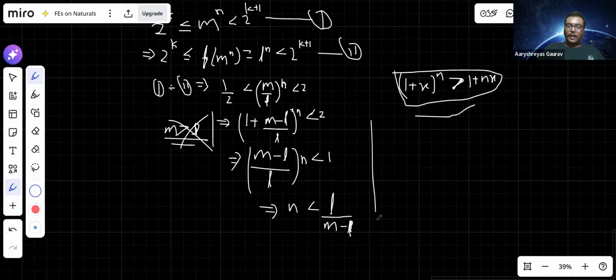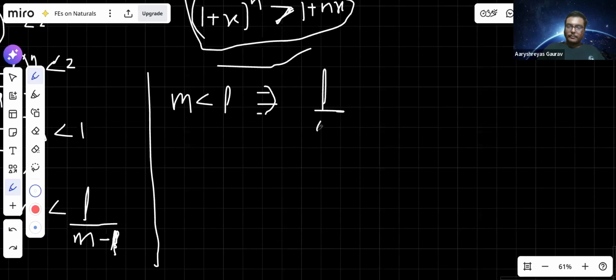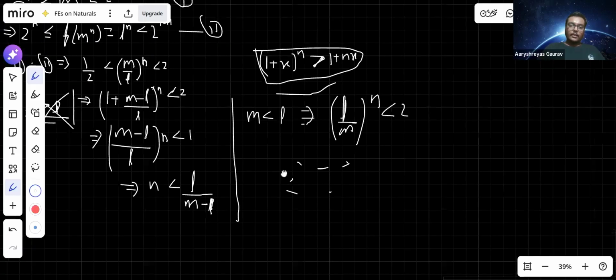The same thing will happen when I say m is less than L. We have to do the same thing with L by m, so L by m to the power n is less than 2. The same thing will happen here, and it will get contradicted.